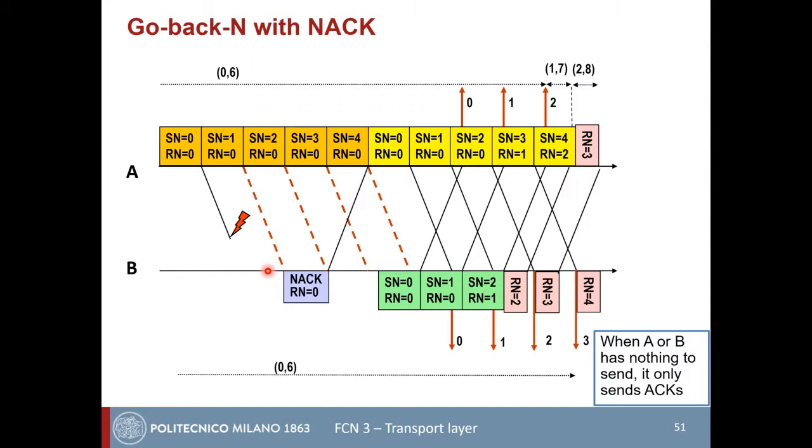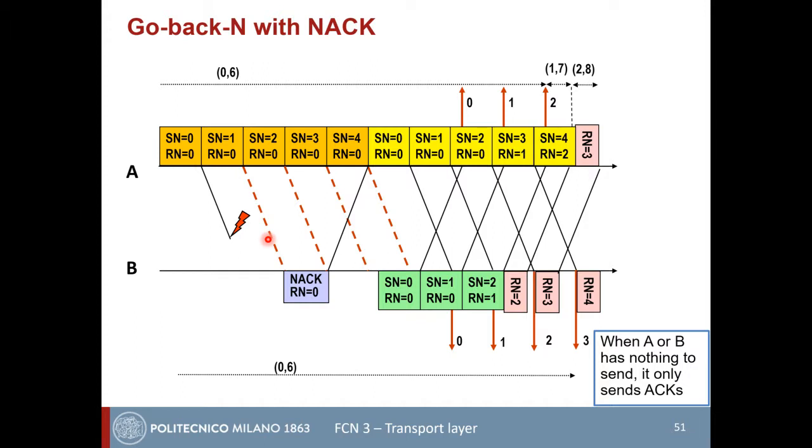So only after B has correctly received the second packet with Sn equal to 1, B can be sure that the first packet was lost, is missing from the sequence.